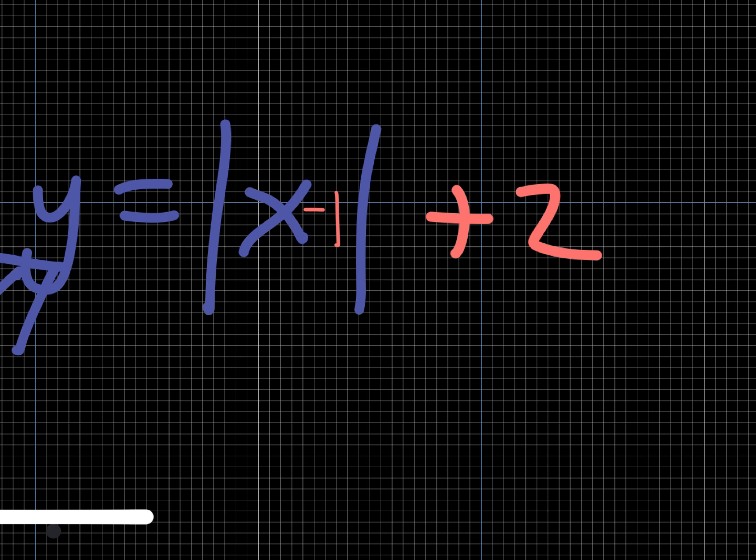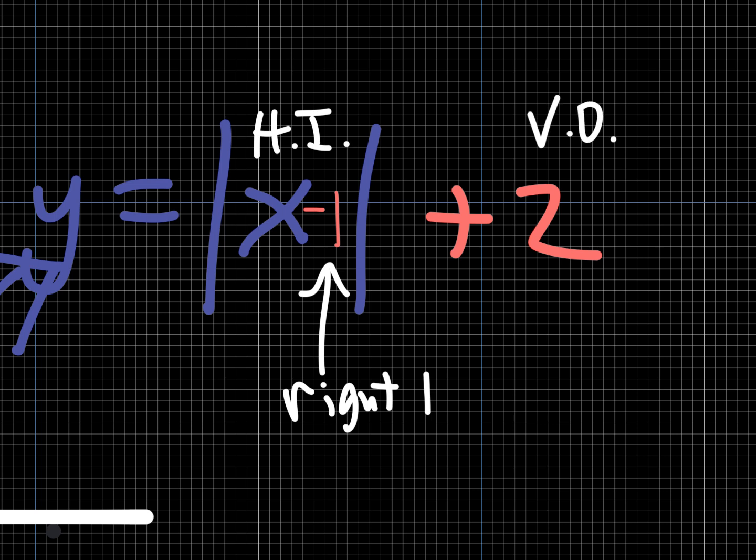It's a parent graph. You just have to remember things like, so write this example now. Write that one out, and I'll tell you which way everything moves. If, for example, you wanted to know what that did to my function, it moved it right 1. The way to think of it is the stuff on the inside is the horizontal on the inside. That's the high. And it's vertical on the outside.